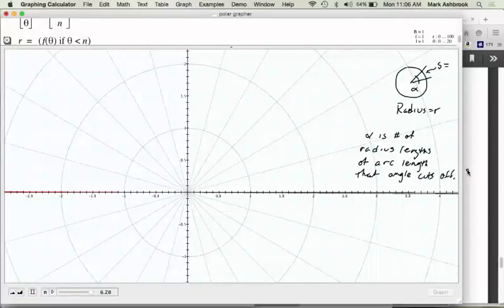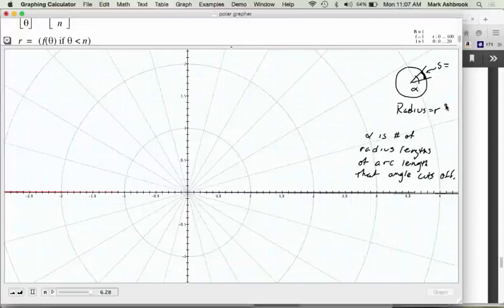Okay, review of angle measure. So what does that mean in radians? It means how many radius lengths we cut off by the angle on the circle.